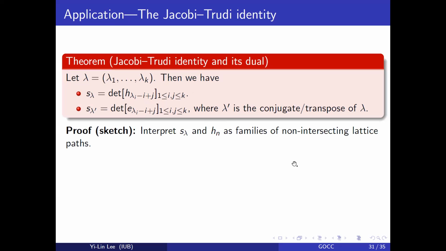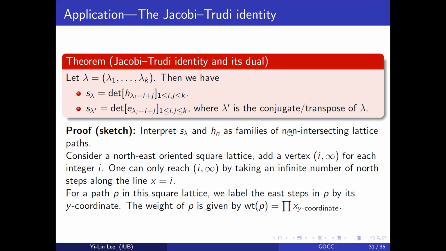The idea of the proof is that we try to interpret the Schur function s_lambda and the homogeneous symmetric functions h_n as families of non-intersecting lattice paths. So again, we will work on the northeast oriented square lattice, and then we add a vertex at infinity. Let's say its coordinate is (i, infinity).